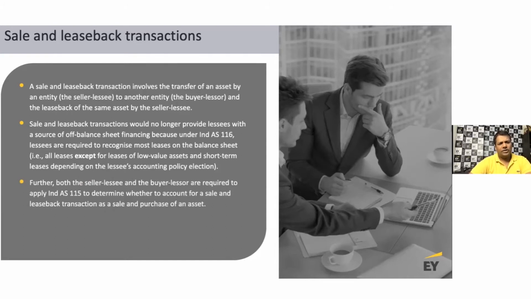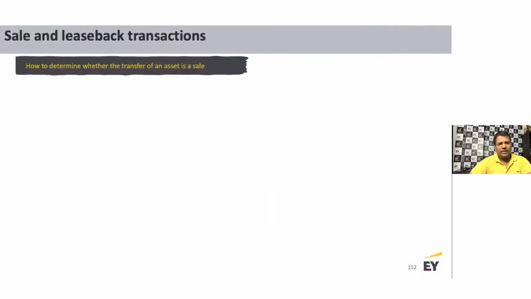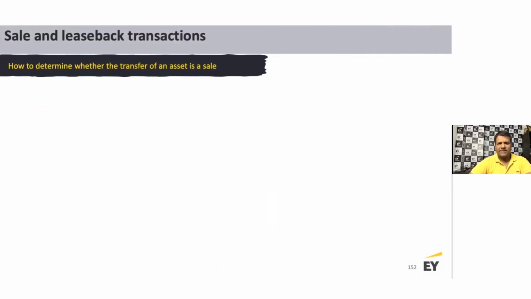Further, both the seller-lessee and the buyer-lessor are required to apply Ind AS 115, as we talked about, to determine whether to account for a sale and leaseback as a sale and purchase of an asset. So how do you determine whether the transfer of an asset is a sale?